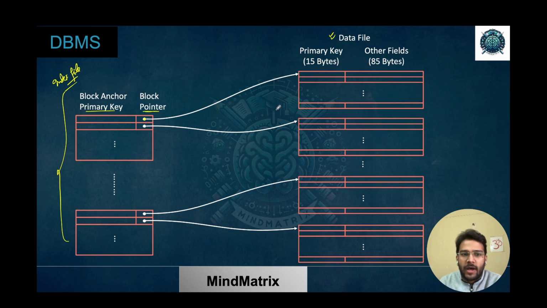In the data file, the primary key size is 15 bytes and the remaining other fields consist of 85 bytes. Clear? And in total you have 25,000 records present in this data file.